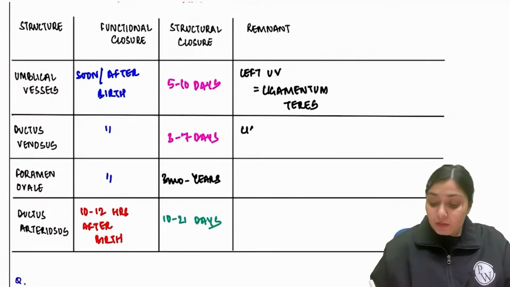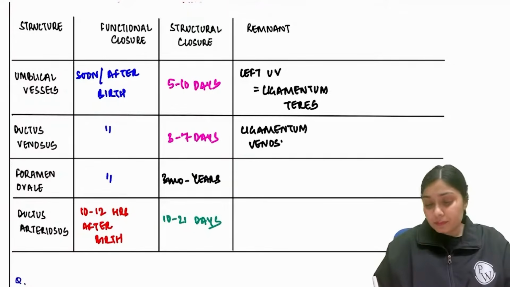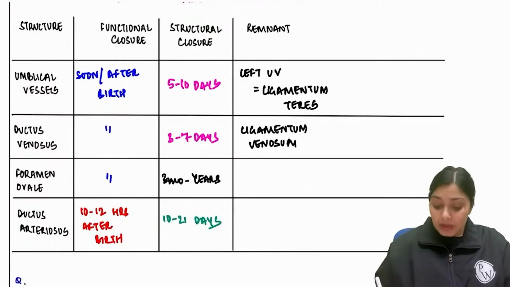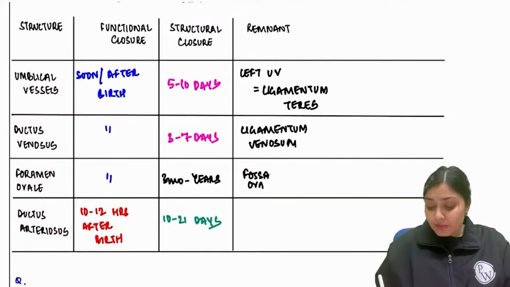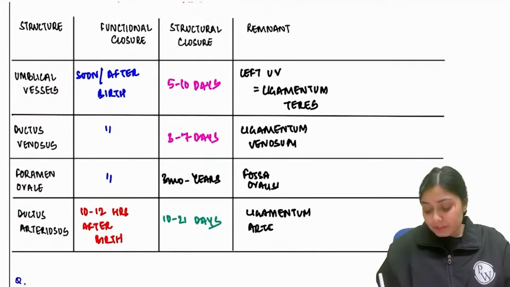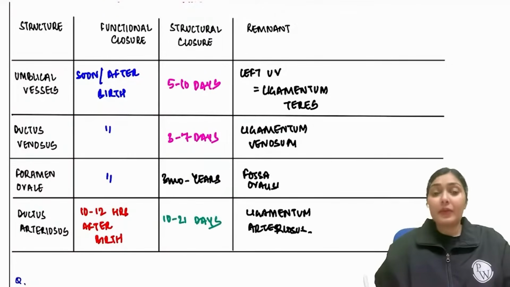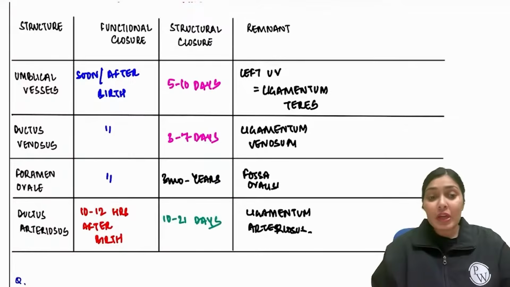The ductus venosus will form the ligamentum venosum. The foramen ovale will form the fossa ovalis. The ductus arteriosus will form the ligamentum arteriosum. Right? So these are the structures.